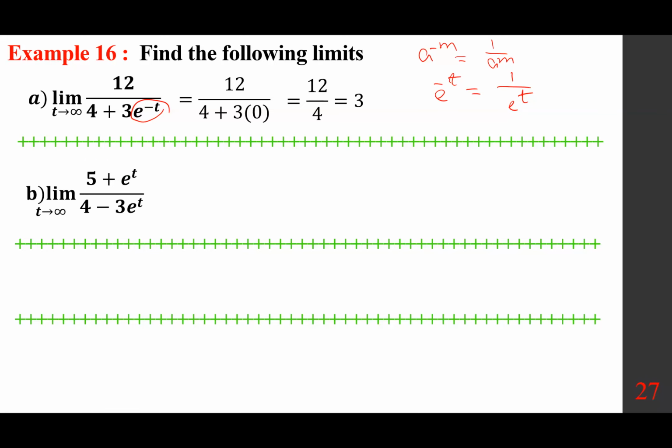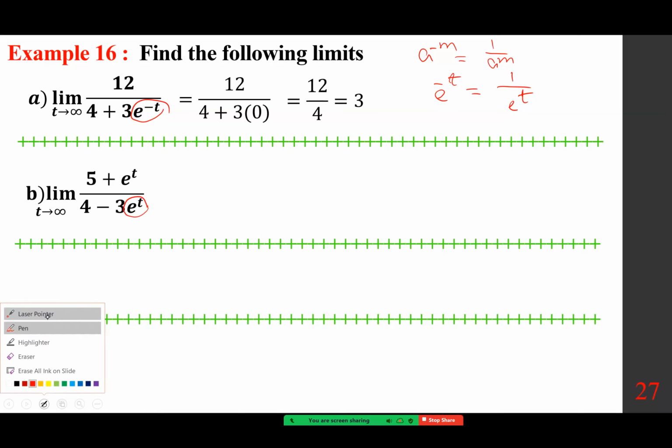What happens in this case? If you plug in, the numerator becomes infinity because it's 5 plus e to the power of infinity. And the denominator becomes minus infinity because it's 4 minus 3 times e to the power of infinity. And although it's not a rational expression, we use the same technique. Remember, in the case of a rational function, we divide by the highest degree term in the denominator.